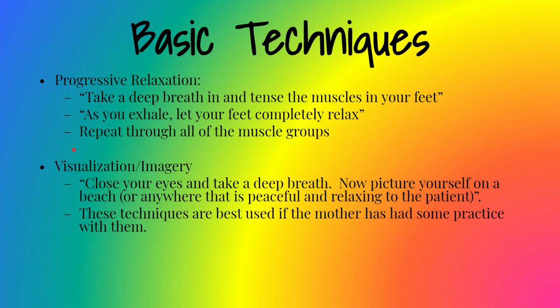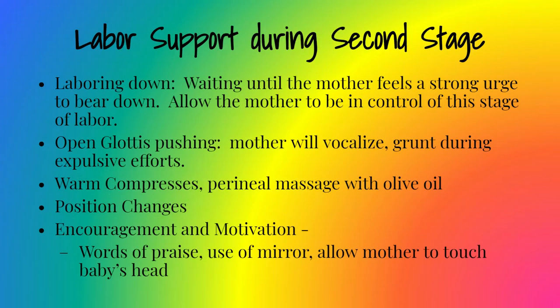Visualization and imagery, better if mom has had time to practice with them, but you can always refer to YouTube. It's a great resource, and they have lots and lots of guided imagery. So a word about visualization and imagery, you want to make sure whatever it is is relaxing to mom. If you pick a beach and she's like, I hate the beach, it's not going to work. So you have to be a little flexible with your scripts there.